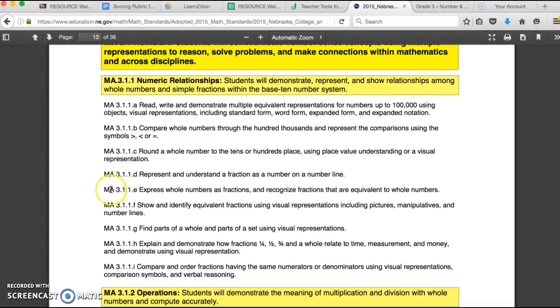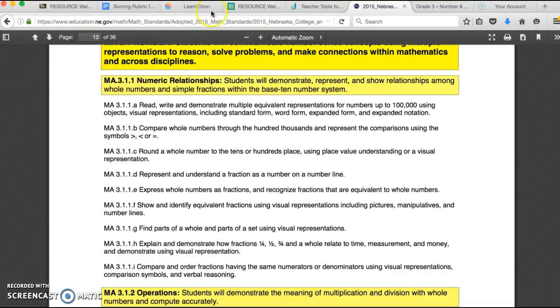But I finally did find it. Down here it kind of talks about all the fraction standards, and this one right here, MA 3.1.1.E, says express whole numbers as fractions and recognize fractions that are equal to whole numbers, equivalent to whole numbers. And then down here it gives other standards that deal with fractions as well.